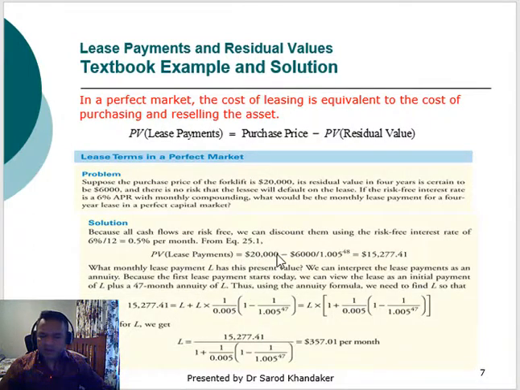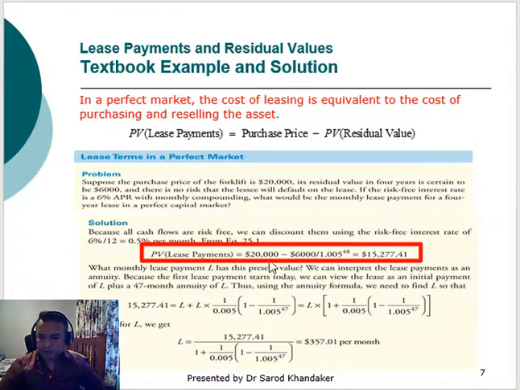And this formula shows the present value of the lease payments is equivalent to 20,000, which is the current purchase price, minus 6,000, because the 6,000 is the resale value at the end of the lease contract, divided by 1 plus 0.005 to the power 48. Now 1.005 is 1 plus the interest rate in decimal, to the power of the number of months.